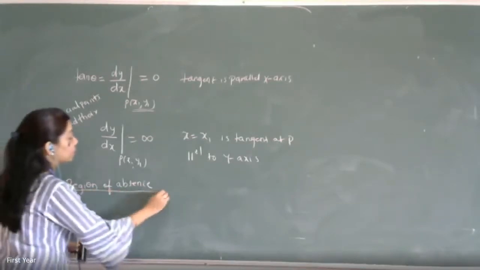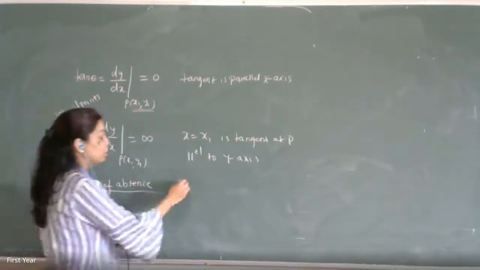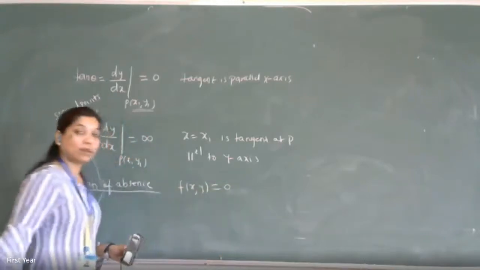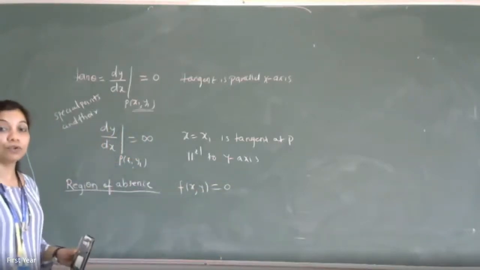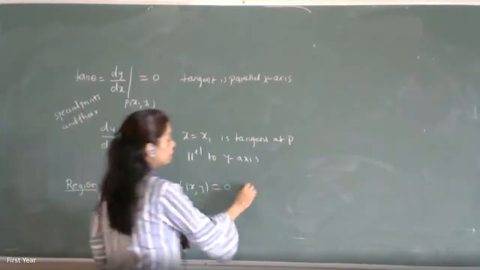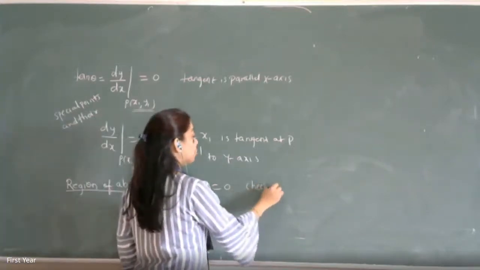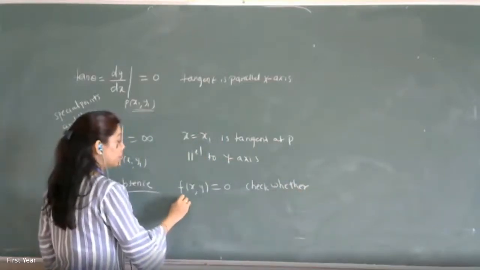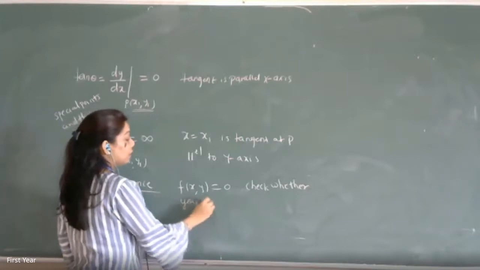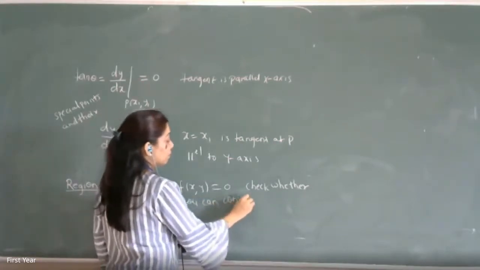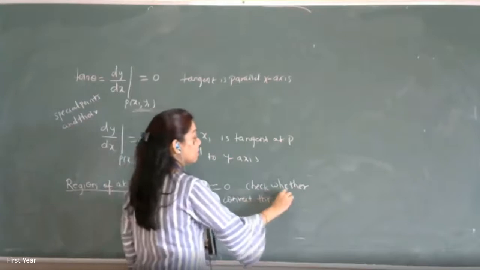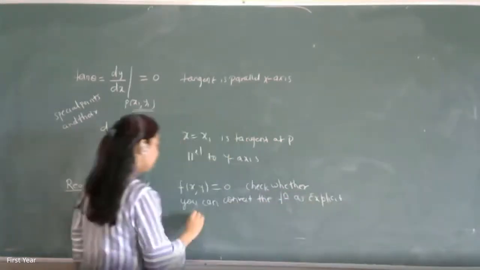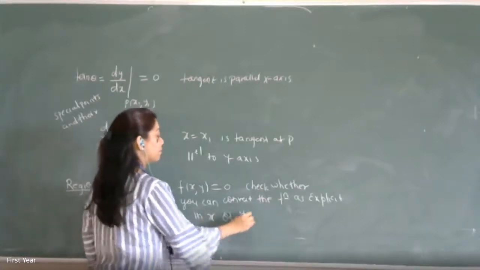Region of absence. So obviously, what is given to you? The function is of the type f of x comma y is equal to 0. So initially, what you do is check whether you can convert the function to explicit form in x or y.